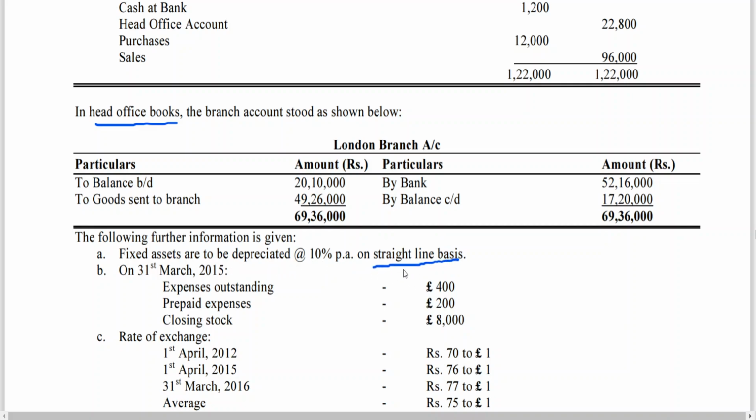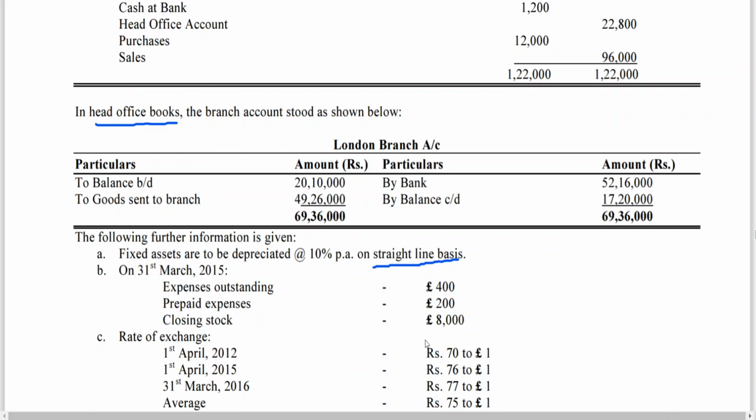Then expenses outstanding 400 pounds. Prepaid expenses 200 pounds. Then closing stock 8,000 pounds.